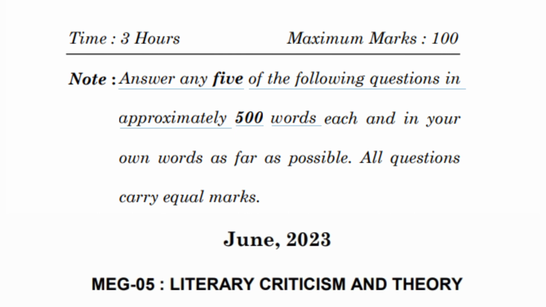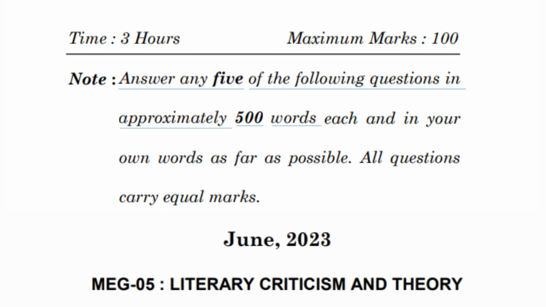Another main difference is the word limit mentioned. If we look at the previous papers, you can't see an approximate word limit mentioned for MEG-05. But in this particular question paper, the June 2023 question paper, they have mentioned to answer in approximately 500 words. In a way, students used to be confused regarding the word count and the length of the answer.